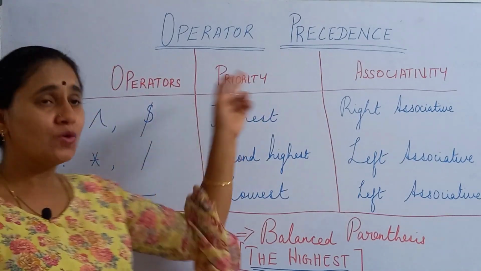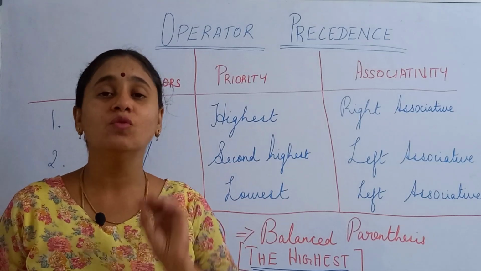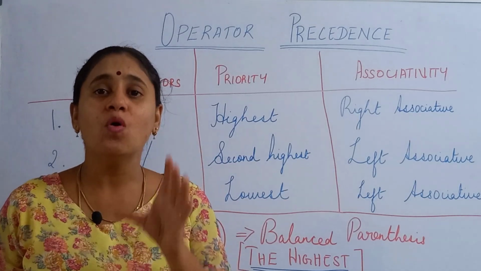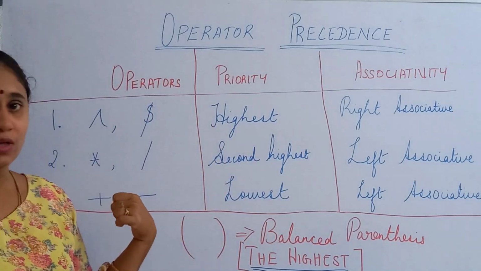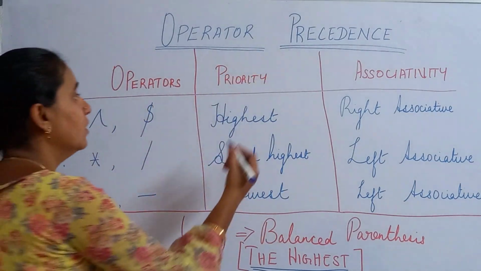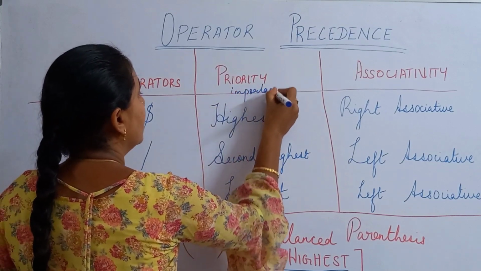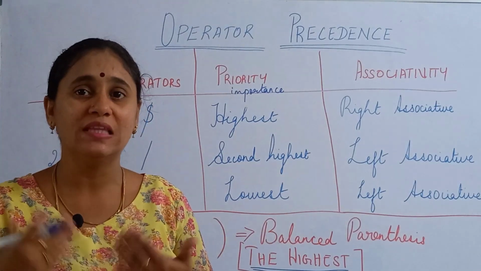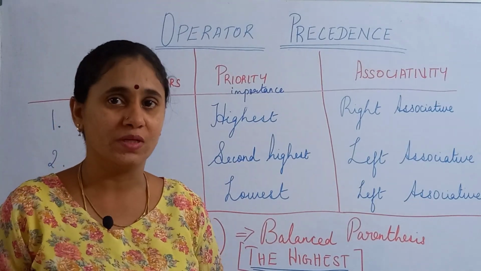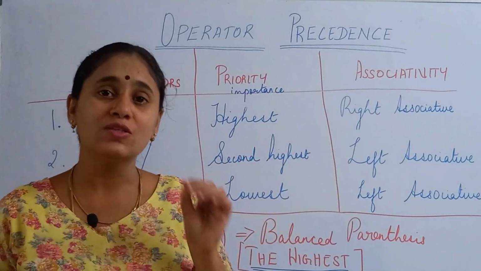So what is called priority? Priority is nothing but importance. We are giving the most important preference to the operators which I have mentioned. So priority is nothing but importance of operators, and based on this our evaluation proceeds with the operators and operands. Next is associativity. What is called associativity?